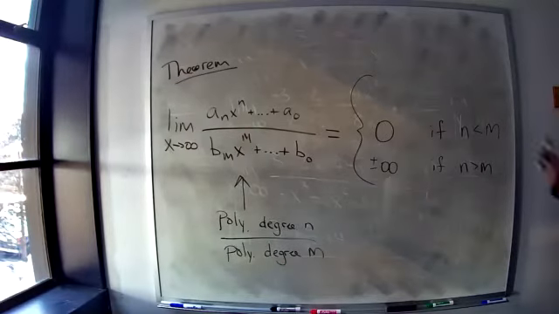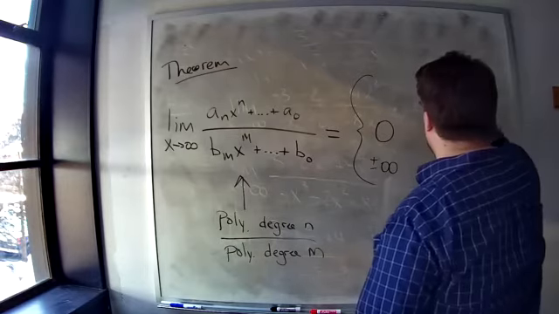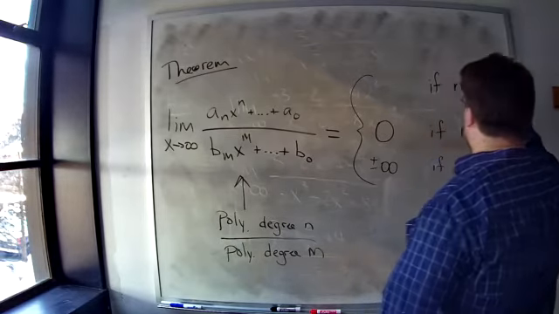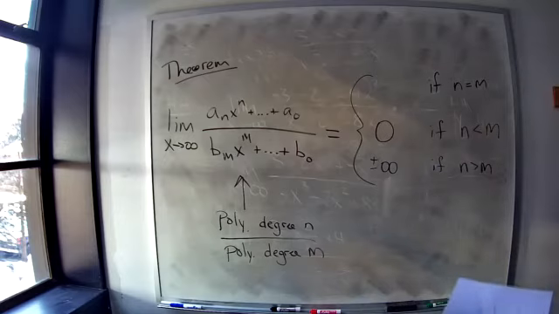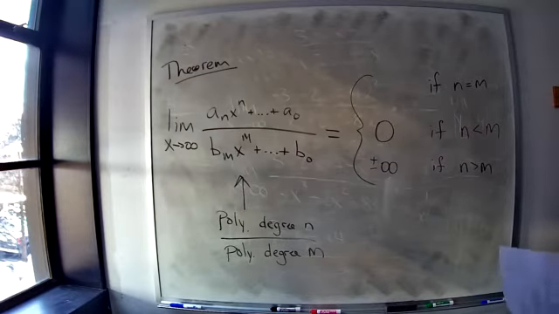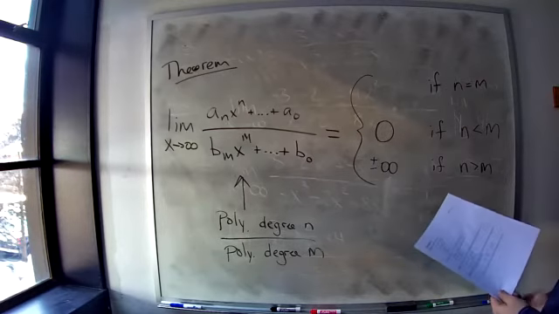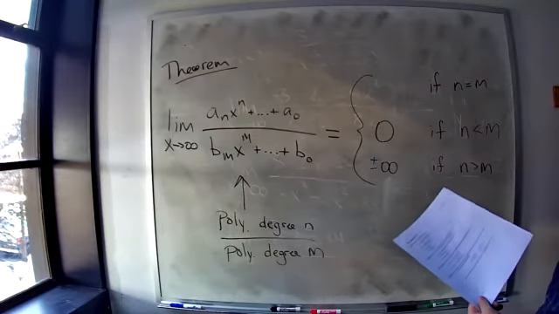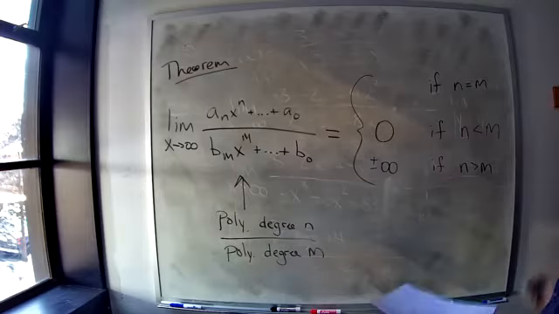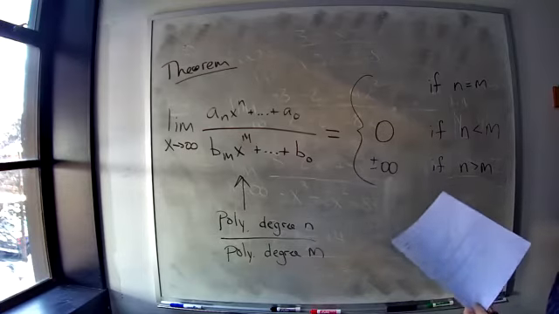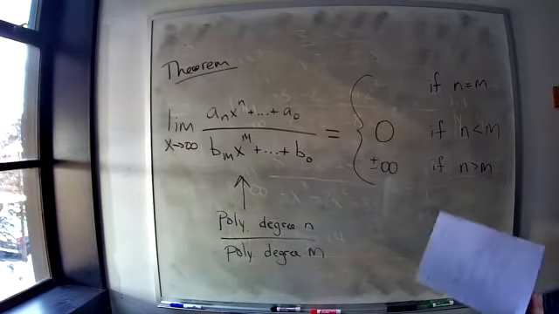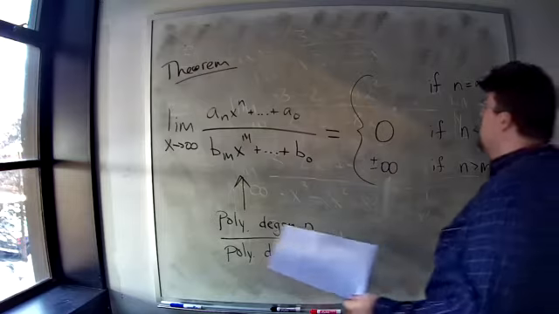Now, we have this case, degree on top less, and this case, degree on top larger. Well, what happens if they're equal? If they're equal, you can look at our work for part 3A. Notice that toward the end of the limit as x went to infinity, the negative 4 on top and the 1 on the bottom were still there, and their ratio turned into our limit.